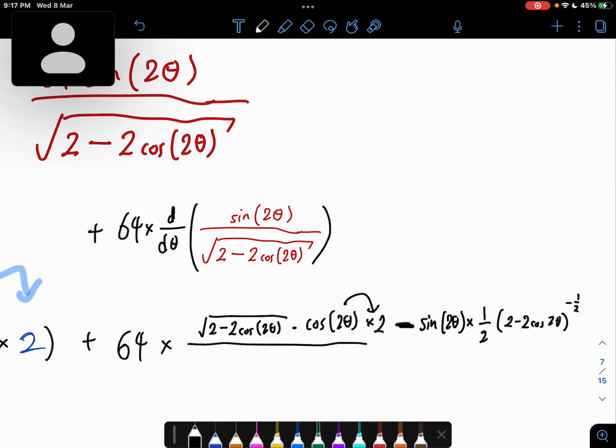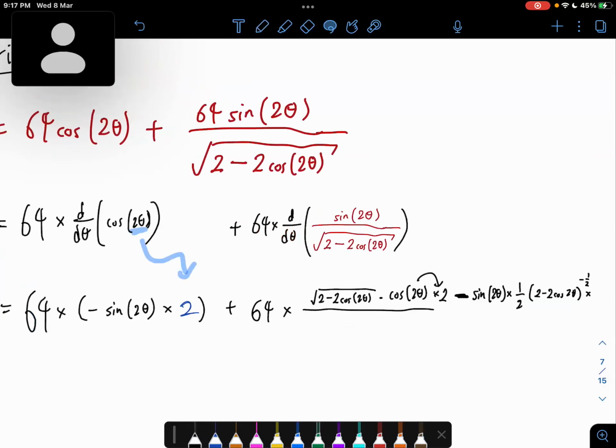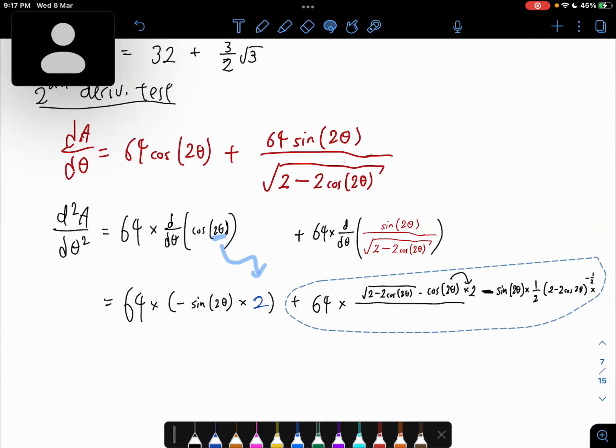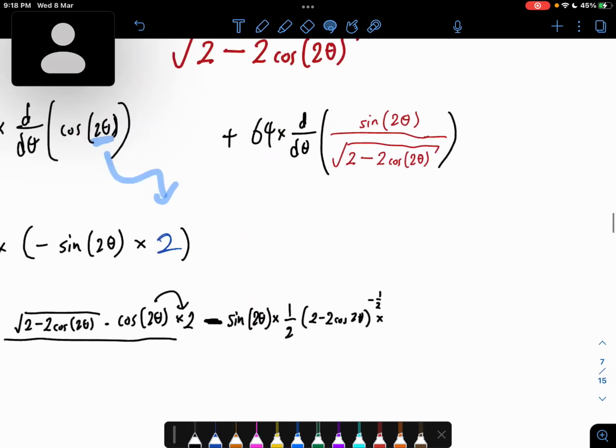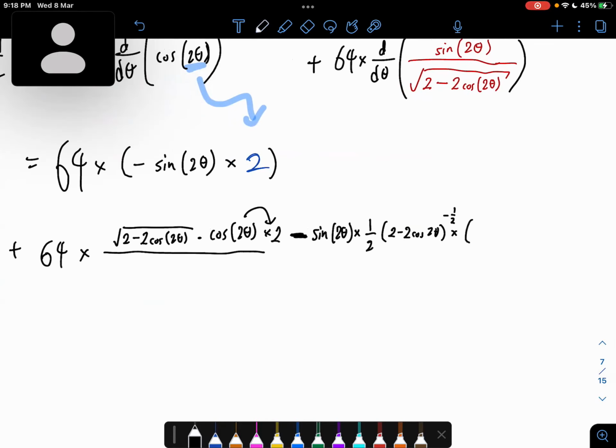then times differentiate the inside, which would just be... Give me a second. I'm running out of space. Let me just bring it down here. Carry on. Differentiate the inside, which would just be negative 2 times minus sine 2 theta times 2, chain rule.